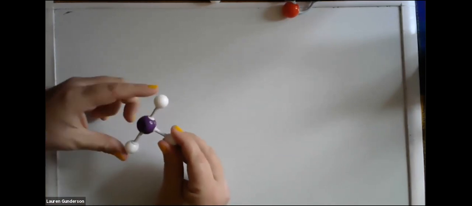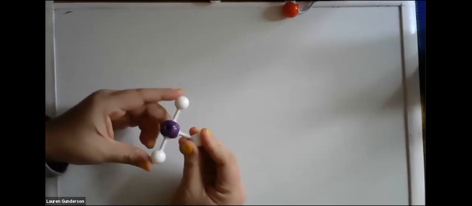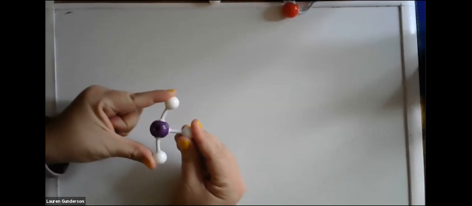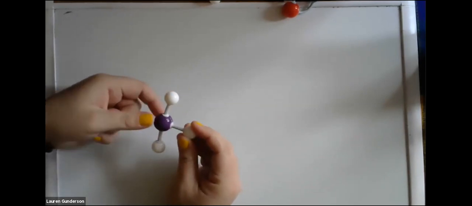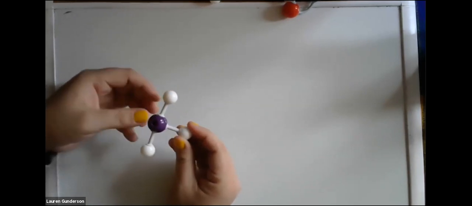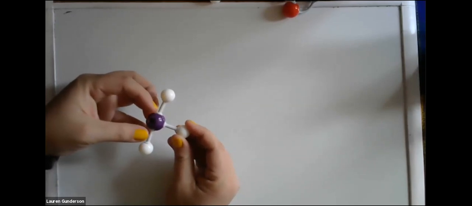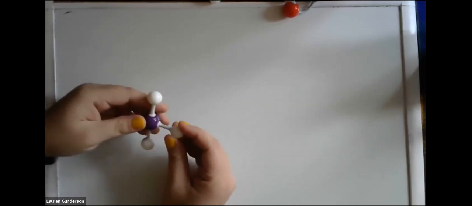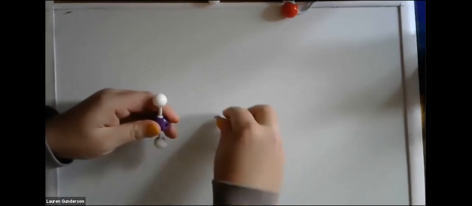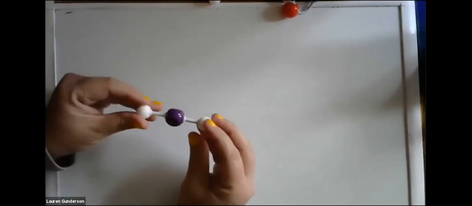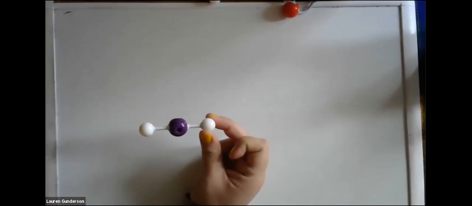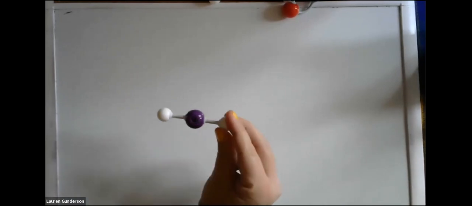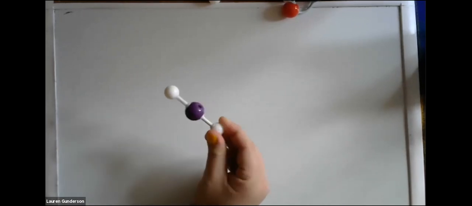Your T shape, again, is not going to be perfect because you are still going to have some bending in this direction from all of the negativity from the lone pairs up in this general area. And then the third derivative is when you have three lone pairs coming out of your equatorial positions and you only have two bonding pairs left, and you end up with a linear molecular geometry.